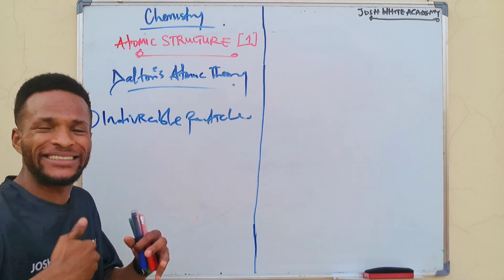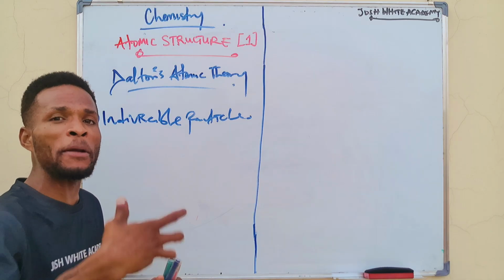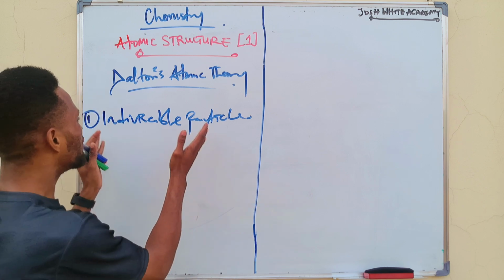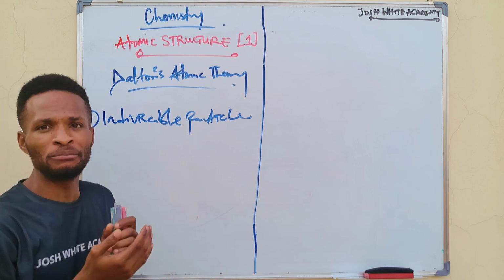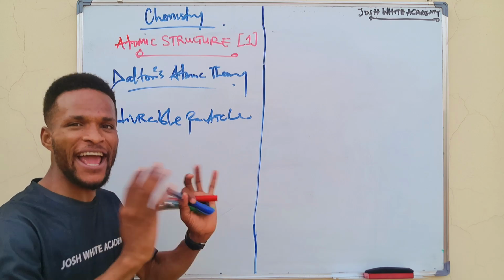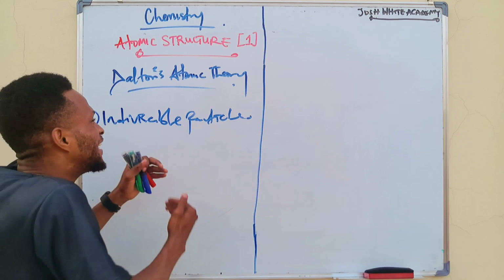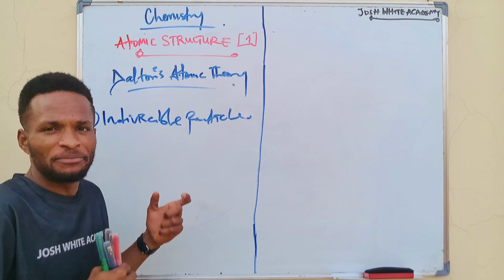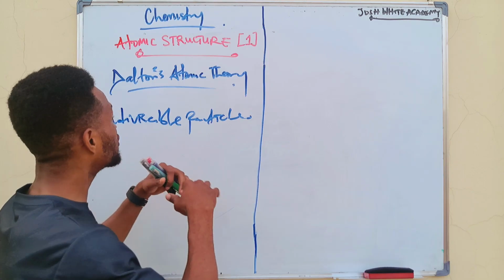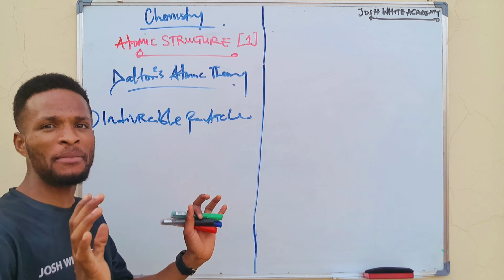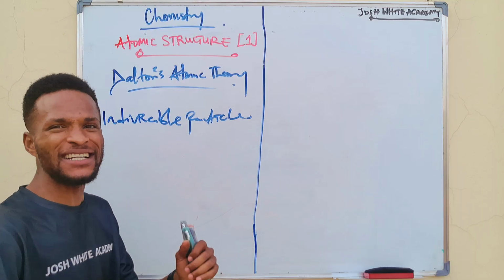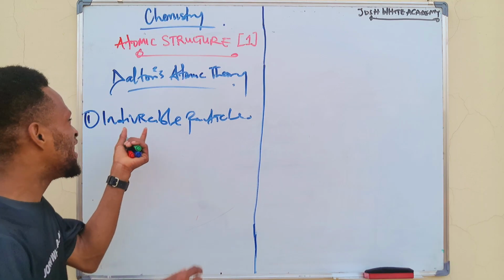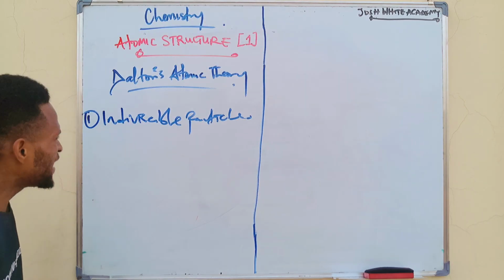But discovery of subatomic particles by other scientists prove this theorem to have an error. So the modification of this theorem is that atoms are the smallest particles of an element or of a substance that can take part in a chemical reaction, no more indivisible.